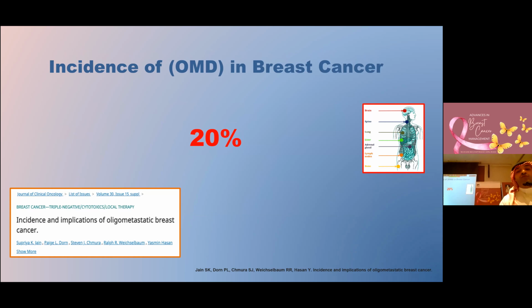So the incidence of oligometastatic disease in breast cancer, this is a paper published by Jane in 2012, and it was saying that the incidence of oligometastatic breast cancer is around 20%.